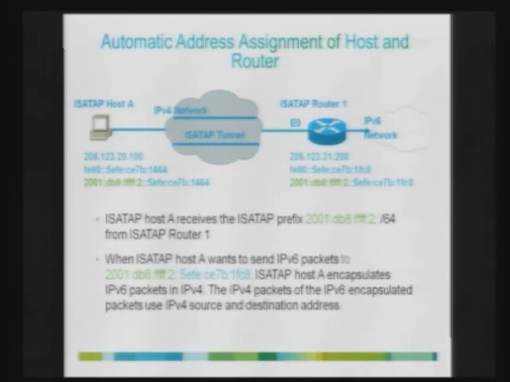So when an ISATAP host wants to send an IPv6 packet, as long as it knows the destination address, it just needs to extract the IPv4 address from the ISATAP IPv6 address and then encapsulate the IPv6 packet into the IPv4 packet and just forward it.